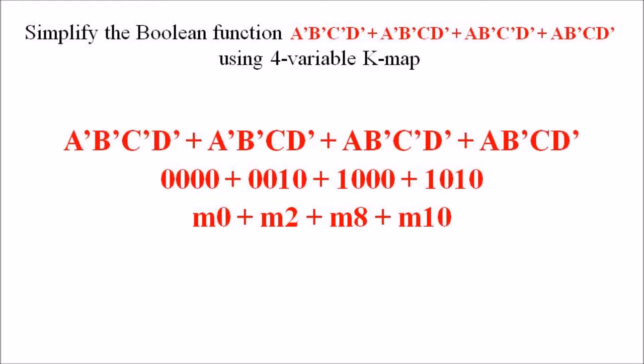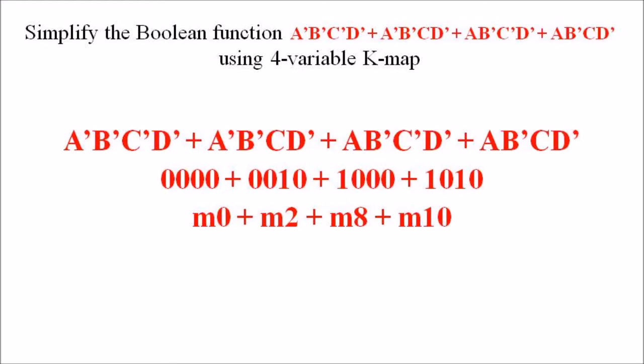Next we have to convert this function into the binary or minterm representation. a' b' c' d' can be represented as 0, 0, 0, 0. a' b' c d' can be represented as 0, 0, 1, 0. a b' c' d' can be represented as 1, 0, 0, 0. And finally, a b' c d' can be represented as 1, 0, 1, 0.